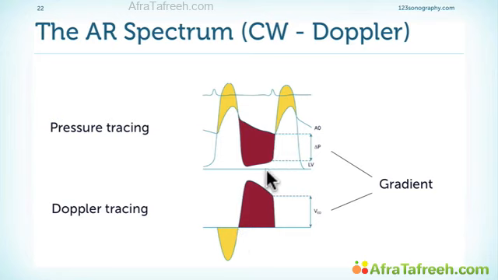If we use a continuous wave Doppler spectrum across the aortic valve and through the regurgitant jet, we will see a spectrum which resembles a curve which looks like the curve we see here. Very important, the steeper this curve is, the more severe regurgitation is. In other words, we have less gradient between the left ventricle and the aorta at the end of diastole.